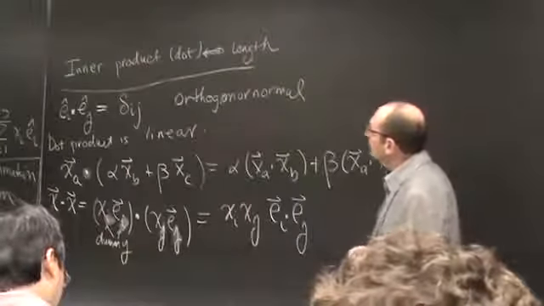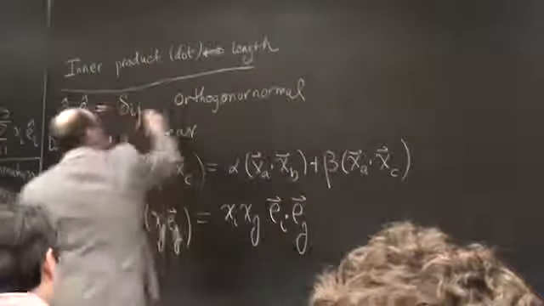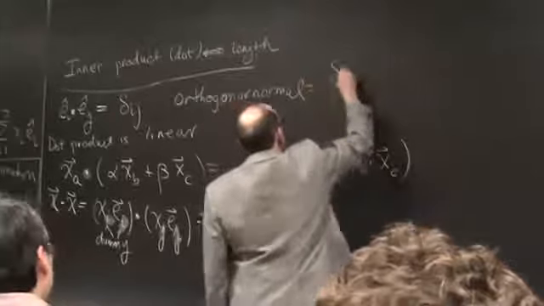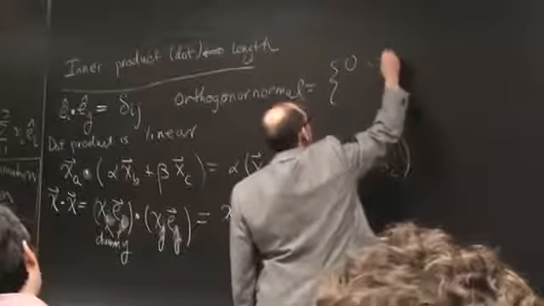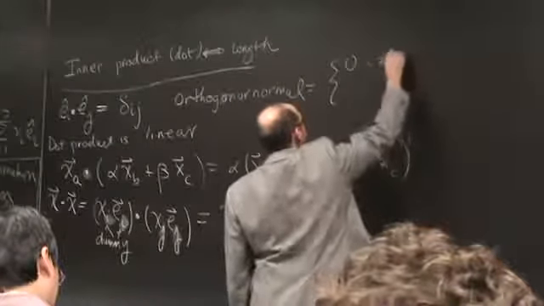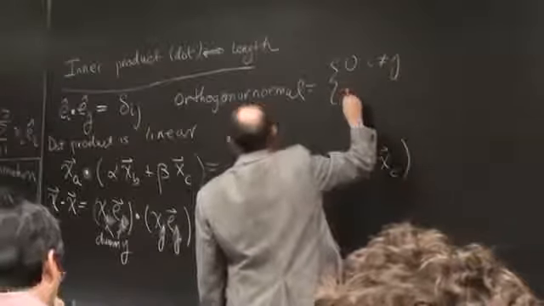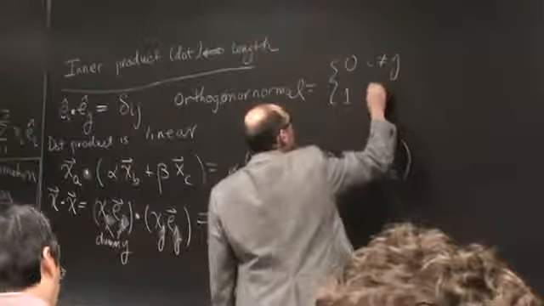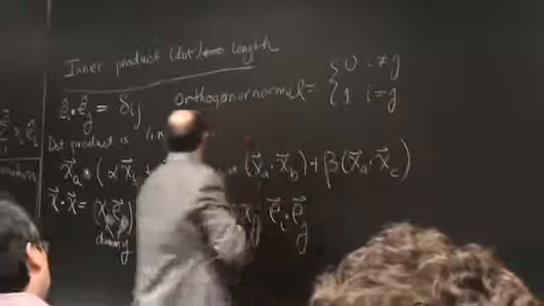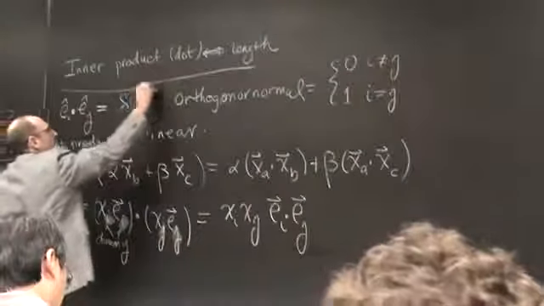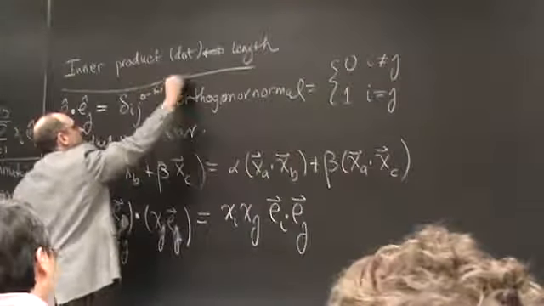Now, of course, you remember this Kronecker delta is 0 if i is not equal to j, and it's equal to 1 if i equals j. That's what we mean by this symbol, as you know.